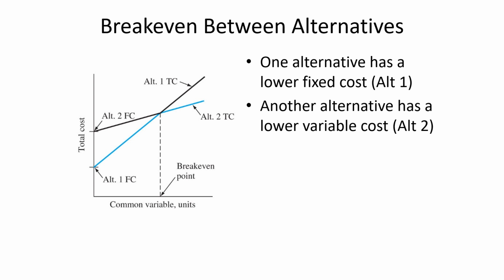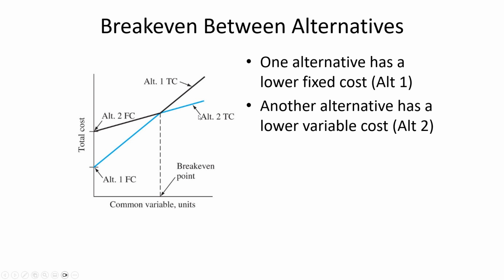Maybe the materials for it are more costly, but this is a steeper line, which just reflects that it has higher variable costs. Whereas alternative two in this conceptual illustration has a higher initial fixed cost, but it's a shallow line. And so that relatively non-steep slope just means that it's not as expensive per unit to utilize alternative two. So there's one alternative with lower fixed, another with lower variable.